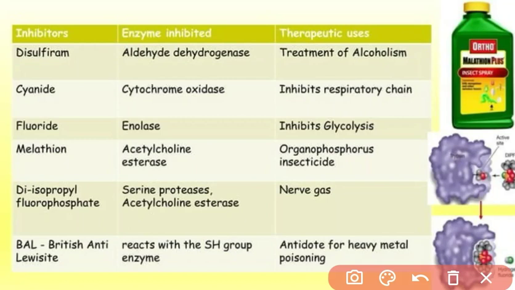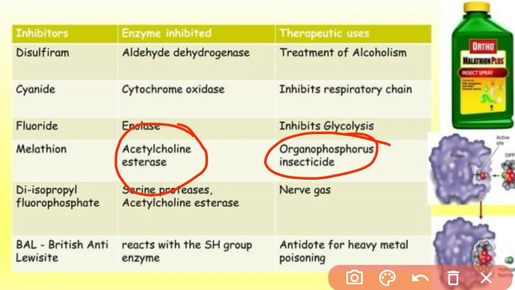Malathion exerts its action on the nervous system of insects by irreversibly inhibiting acetylcholinesterase, thereby allowing acetylcholine to accumulate at cholinergic synapses and enhancing cholinergic receptor stimulation. So malathion inhibits the enzyme acetylcholinesterase and is useful as an organophosphorus insecticide.